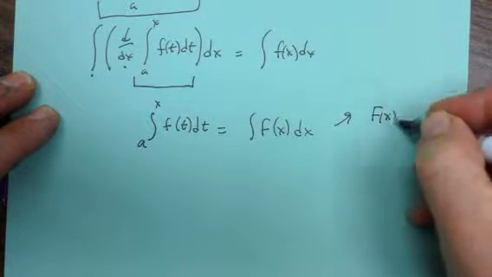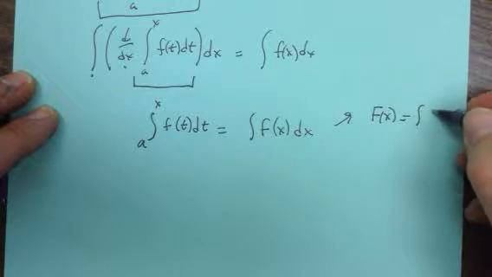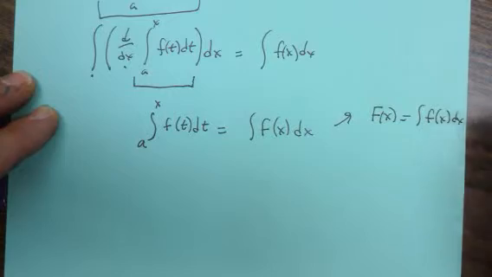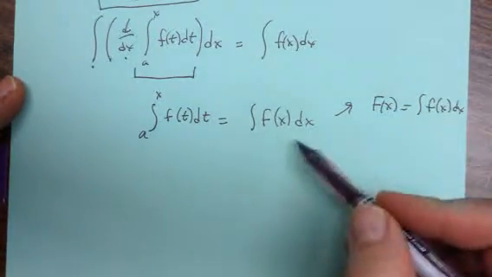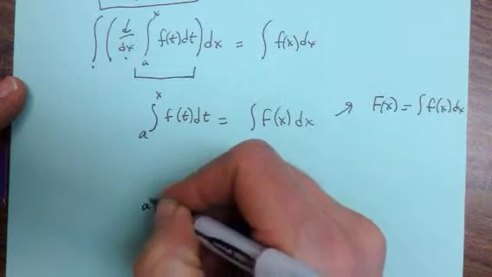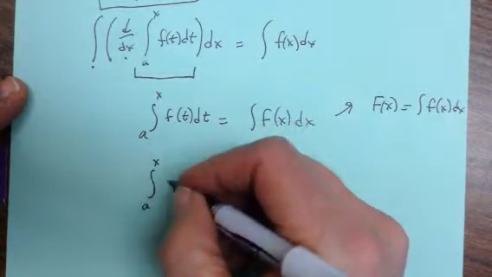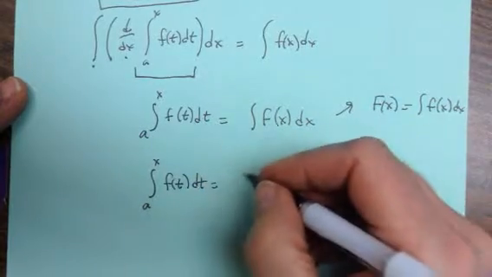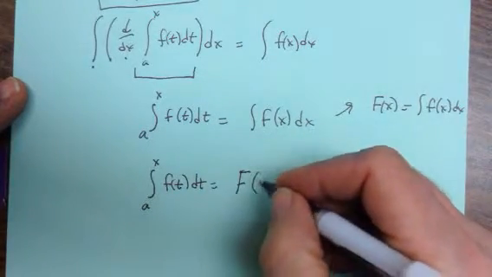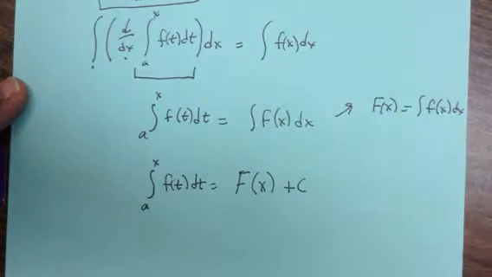We did this as well. Big F of x is equal to the antiderivative of little f of x. And we can always add a constant of integration so that this becomes the integral from a to x of f of t dt is equal to big F of x plus c.